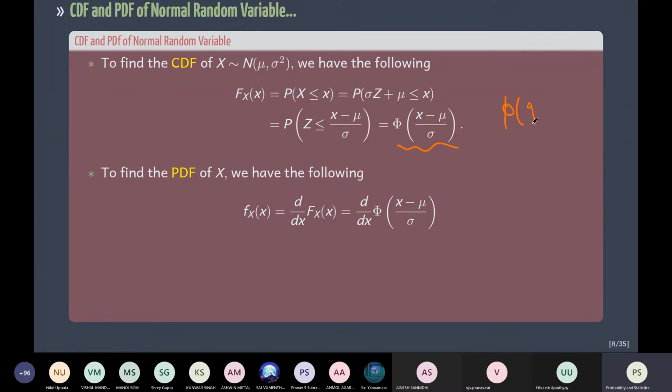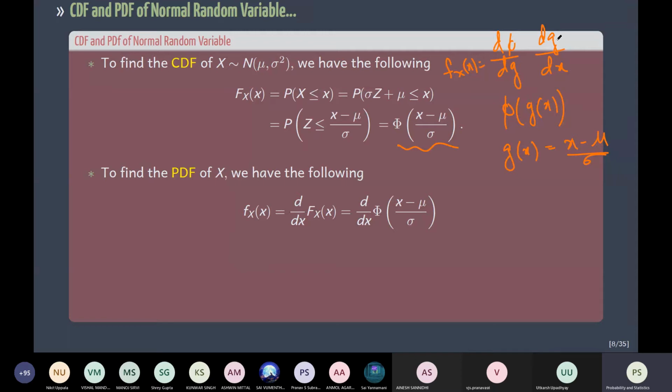So this is phi of g of x, where g of x is (x minus mu) by sigma. So the derivative of this is d phi by dg times dg by dx. So this is the chain rule, and this is how that f of x will be.